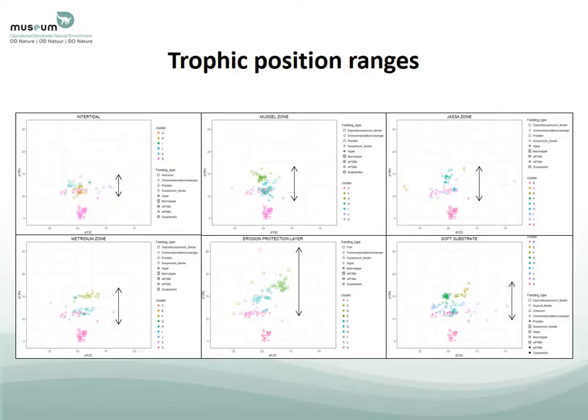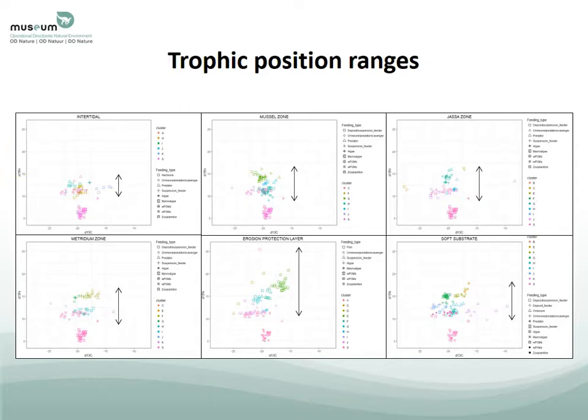Another measure for quantifying similarities or dissimilarities between the different communities is the trophic position, which shows the ranges of the consumers in the different communities. This can be estimated by the delta 15 nitrogen values. With the black arrows, we can see the trophic position ranges along the 6 different communities under study.